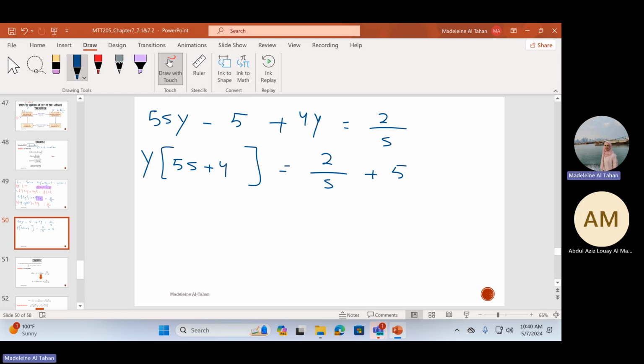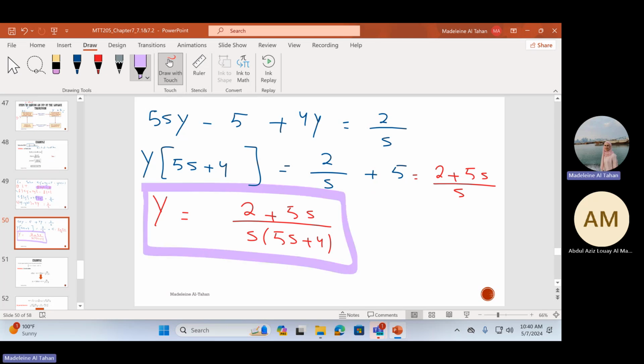Questions till now? Okay, what do we need? Y only. Bring this one to the other side. So we can write this as (2 + 5s) over s, divided by (5s + 4).